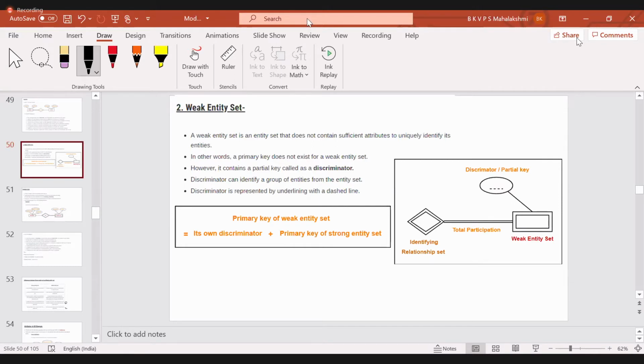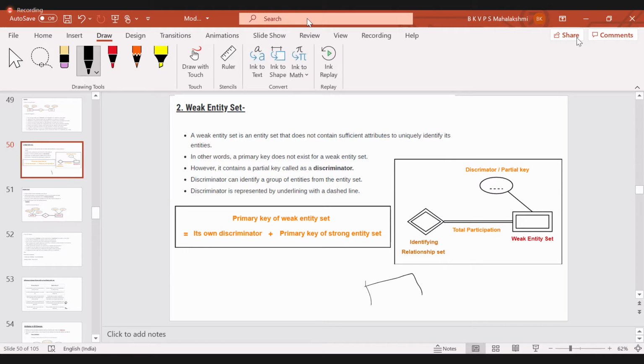Suppose assume that there is an entity which does not have any primary key. If it does not have any primary key, then definitely it should be completely dependent on some other entity. That is what the weak entity is.